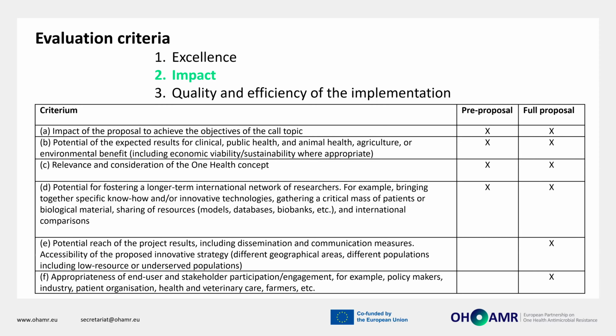So we have several criteria, such as impact of the proposal to achieve the objectives of the core topic, potential of the expected results for clinical, public health, and animal health, agriculture, or environmental benefit, including economic viability and sustainability, where appropriate. Relevance and consideration of the One Health concept.